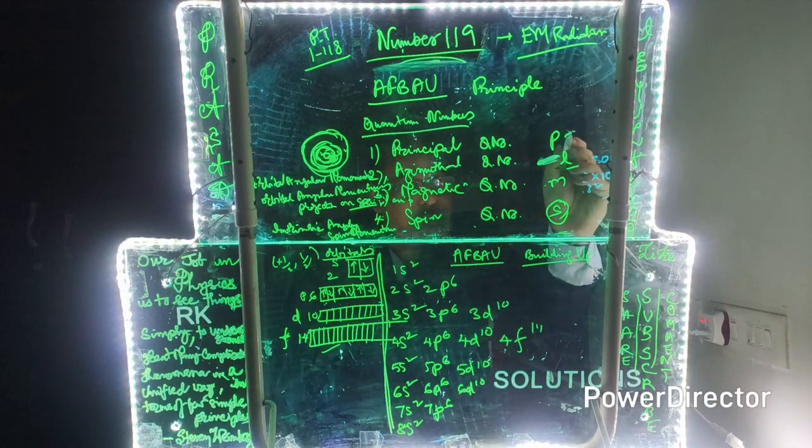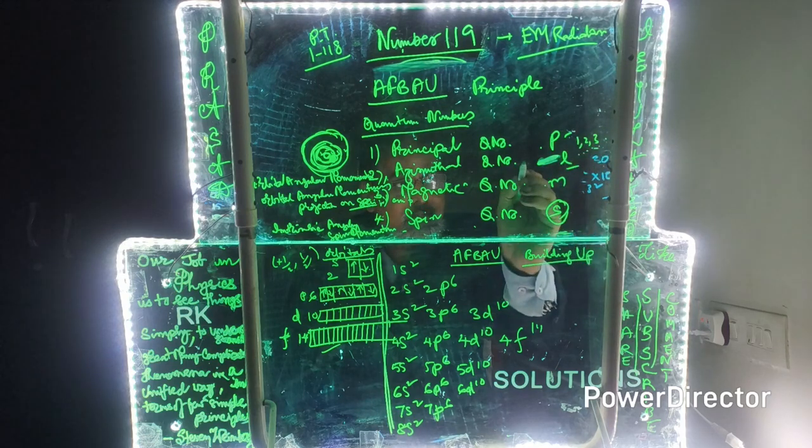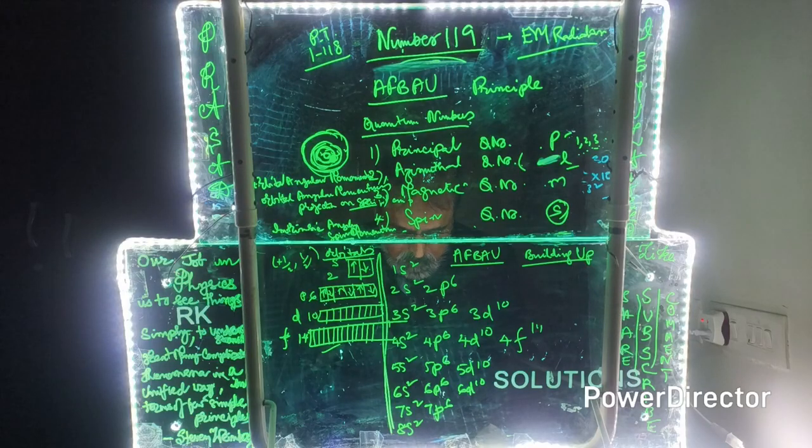Now, by the way, the principal quantum number can have 1, 2, 3, 4, like that, n number of values. Say L, what is it, azimuthal, right?